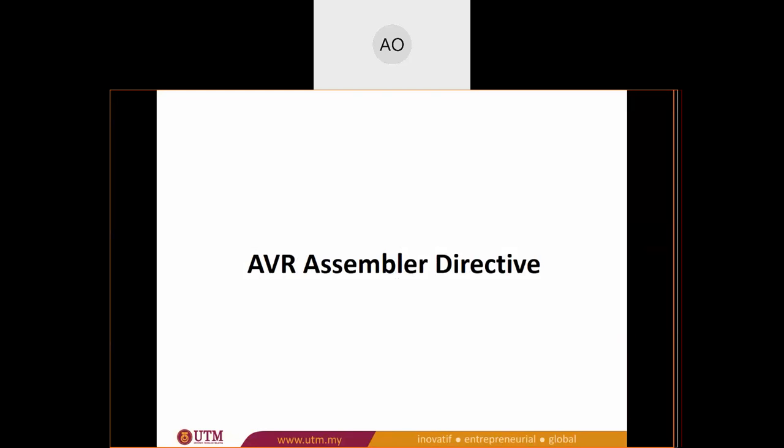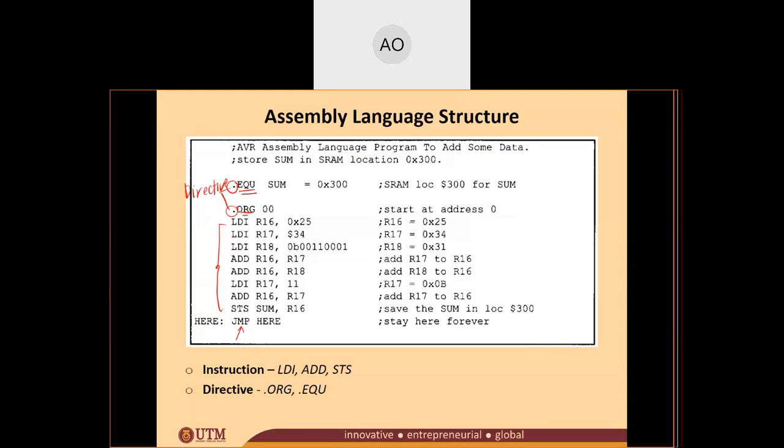In the next few slides, we will learn more about the assembler directive. There are a lot of assembler directives that you need to know, besides .org and .equ, because these are the common directives that we usually use.